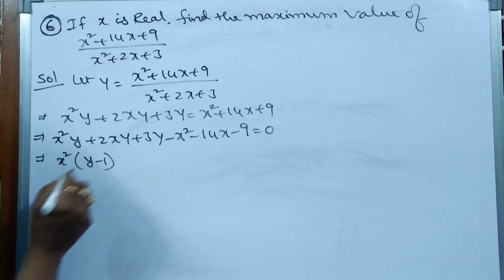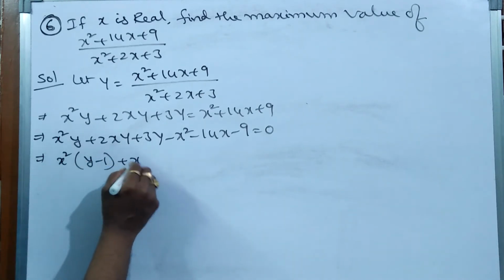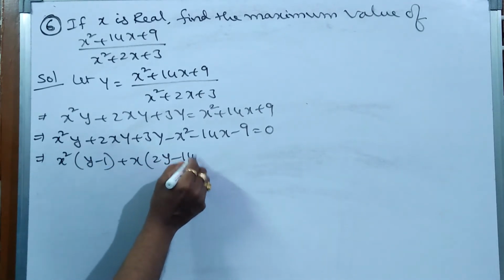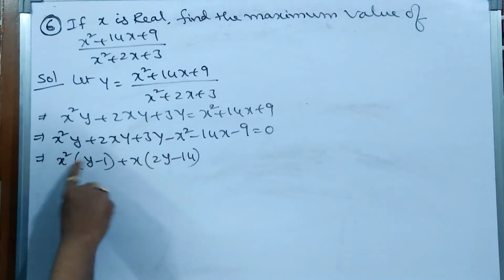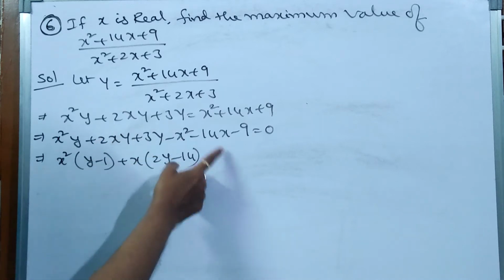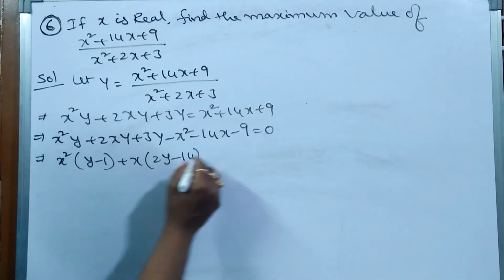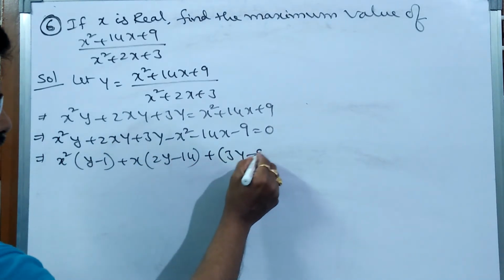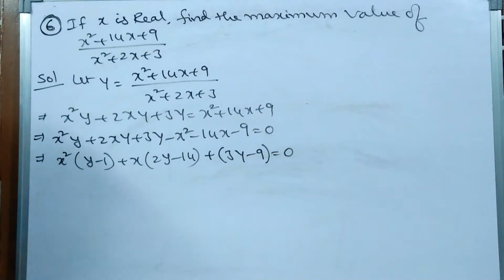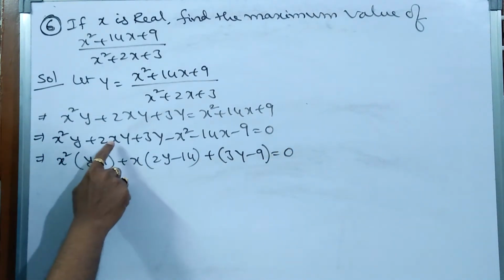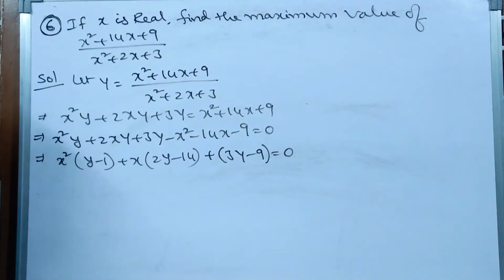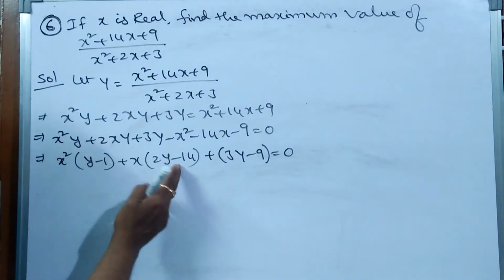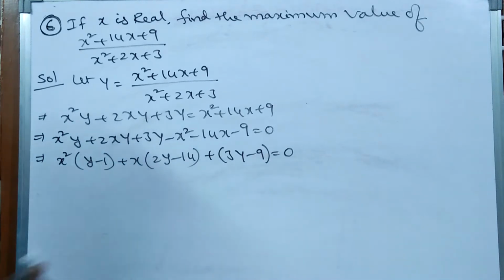X square into y minus 1 plus x into 2y minus 14 plus 3y minus 9 is equal to 0. It is in the form of ax square plus bx plus c is equal to 0.